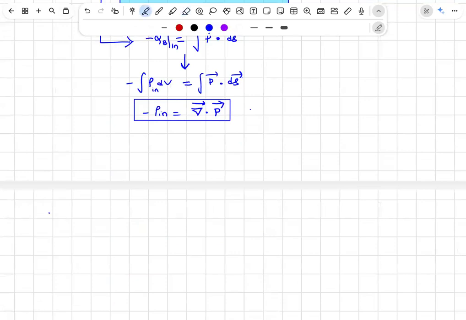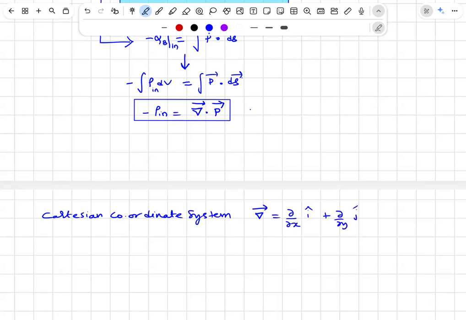In a Cartesian coordinate system, we will write del bar as dou by dou x, and so on.